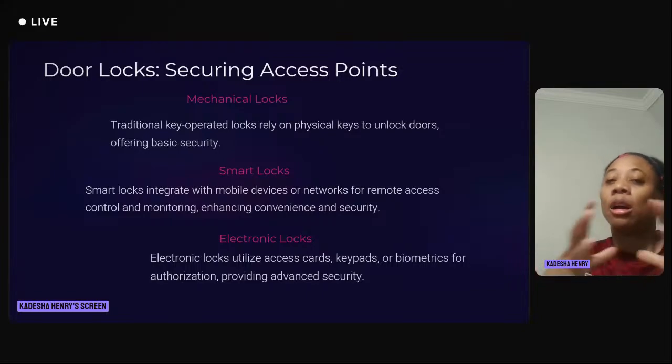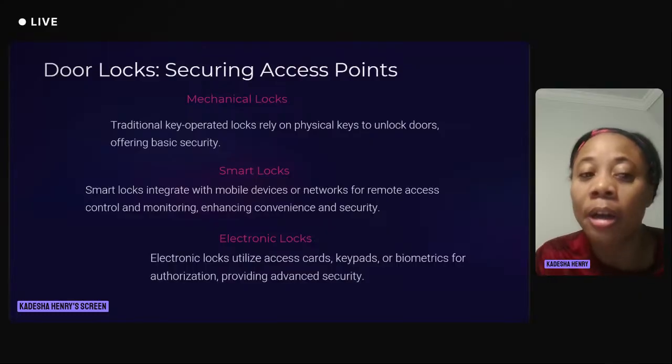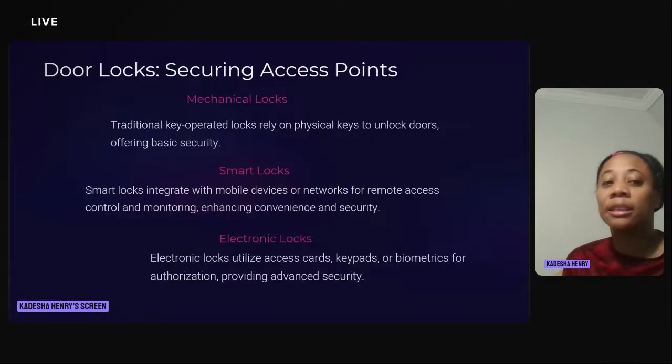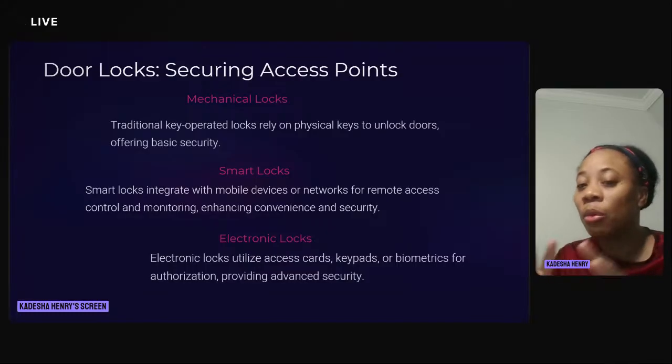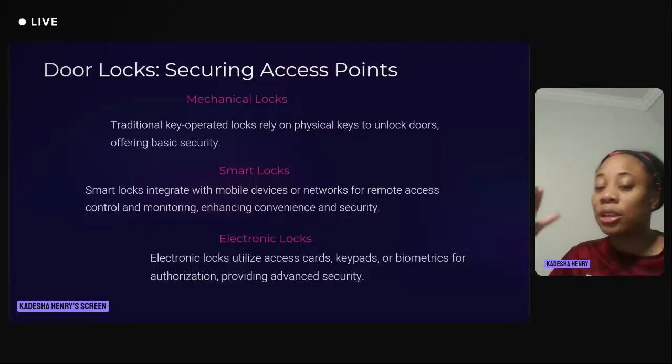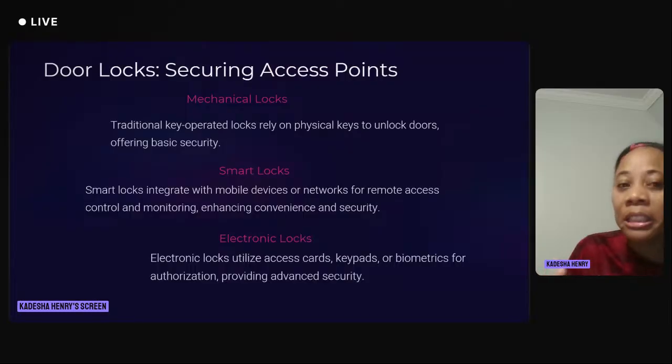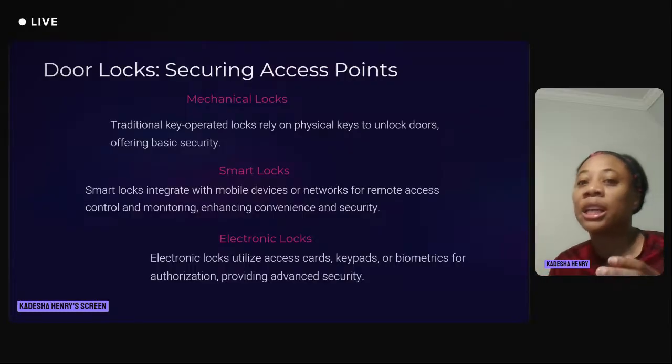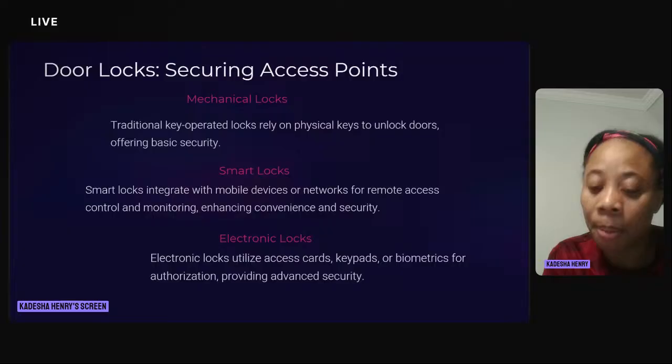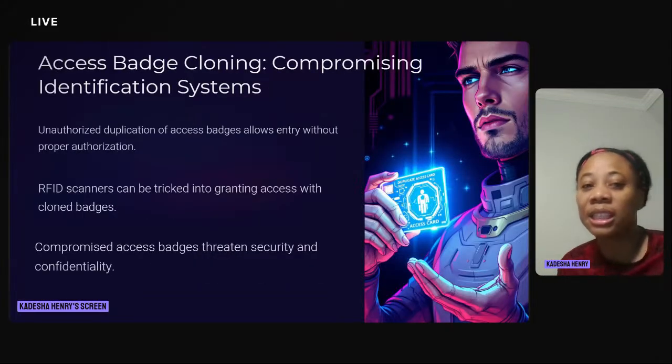All of this is a part of physical security, guys. You must understand that we're talking about physical security. Door locks are there as physical security. Fencing is there as physical security. Bollards are there as physical security.